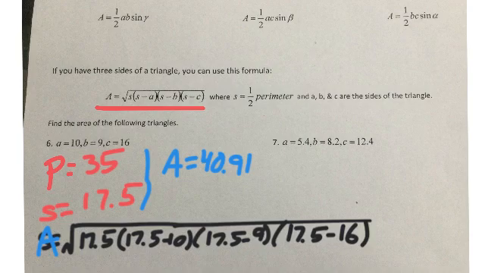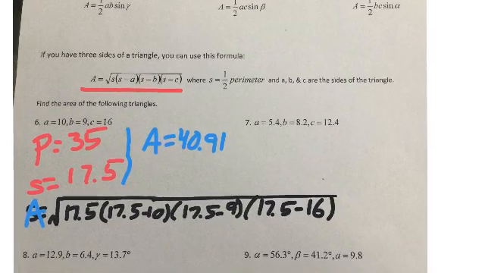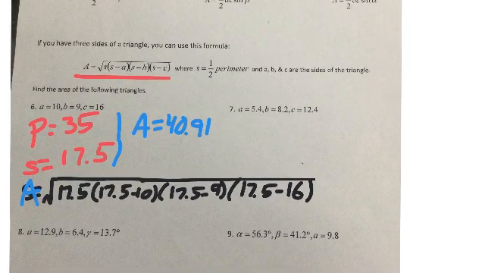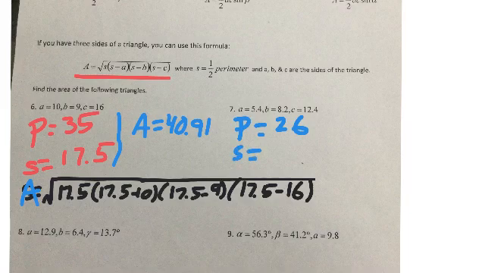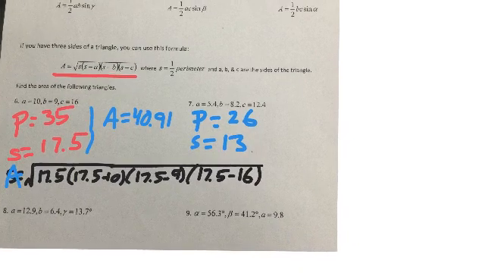Okay, 7, again, is going to be similar because I'm given the three side lengths. I'm going to use this formula to find the area. First thing I need to do is find the perimeter. So 5.4 plus 8.2 plus 12.4 is 26, which means S is half the perimeter, so it's 13. Now I'm going to plug into my calculator, so I'm not going to write it down this time.